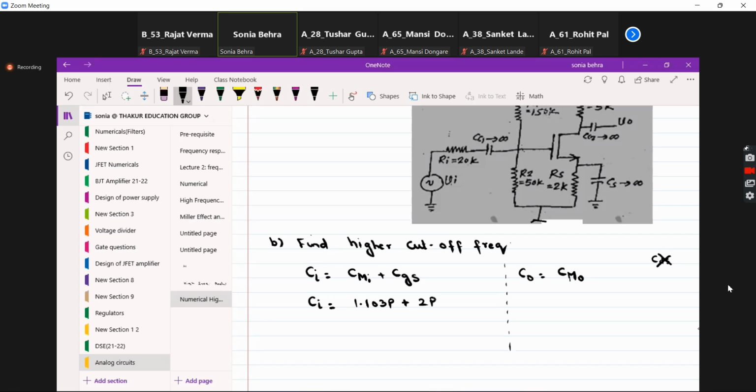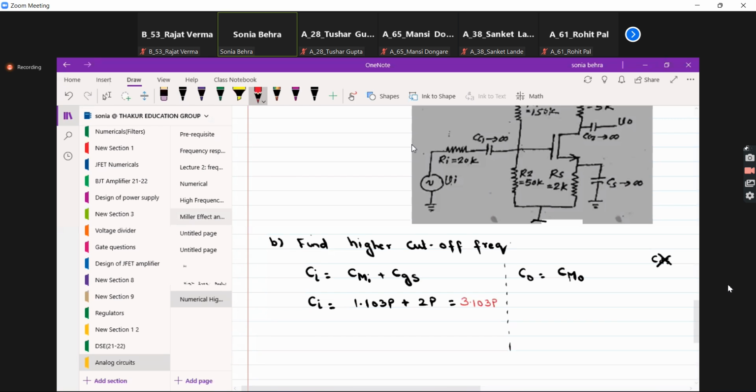So how much is your CI? Just add the two. 3.103 pico, right? So CI has come.